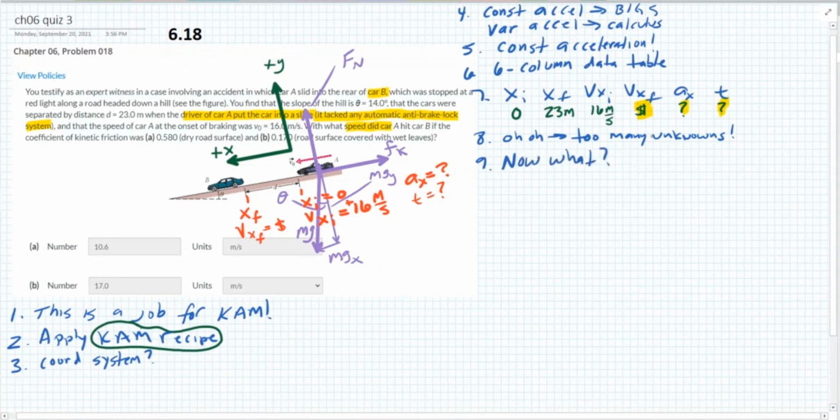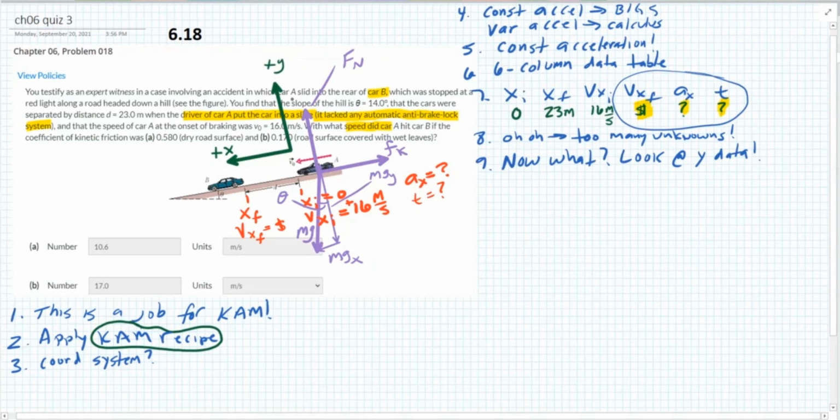A knee-jerk reaction, for me at least, is to look at a Y force inventory. Or no, not look at Y data. I don't think that's going to help me find any one of these variables.